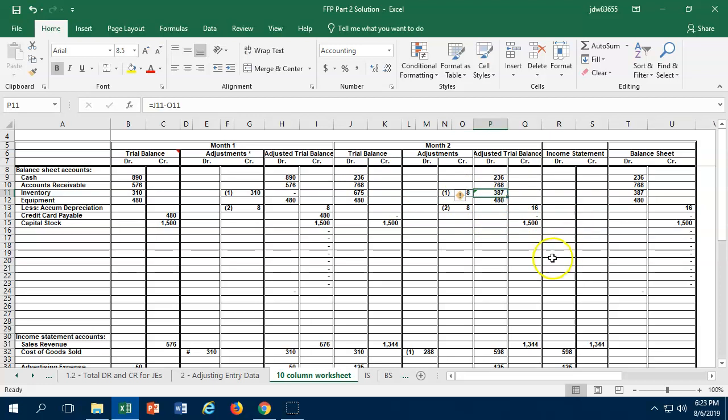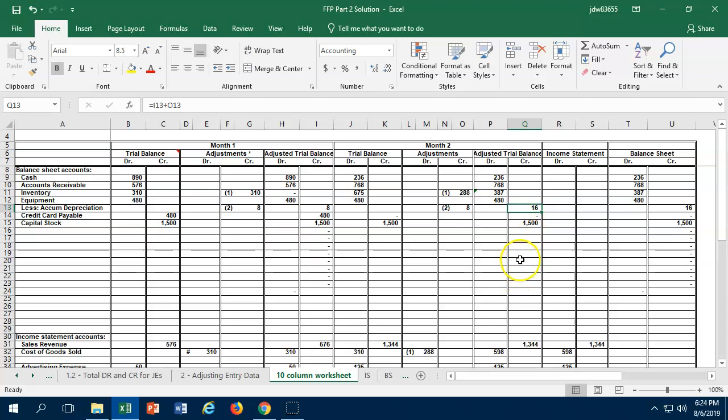For this inventory row, you need to add what you have on your trial balance plus that adjusting entry. So 675 plus the 288, or I'm sorry, that's a credit. So that should be 675 minus 288 equals the 387 inventory balance.